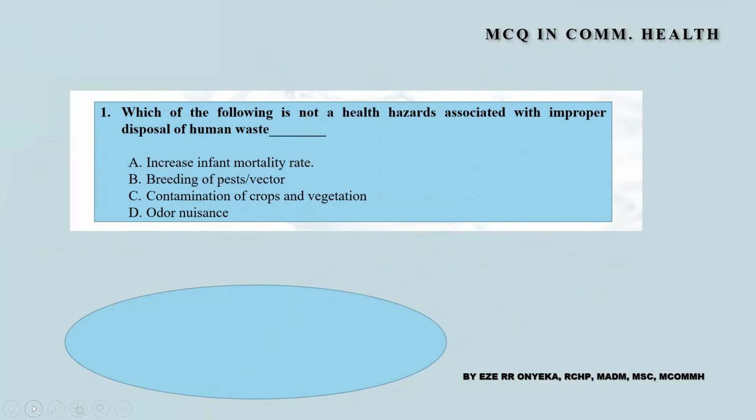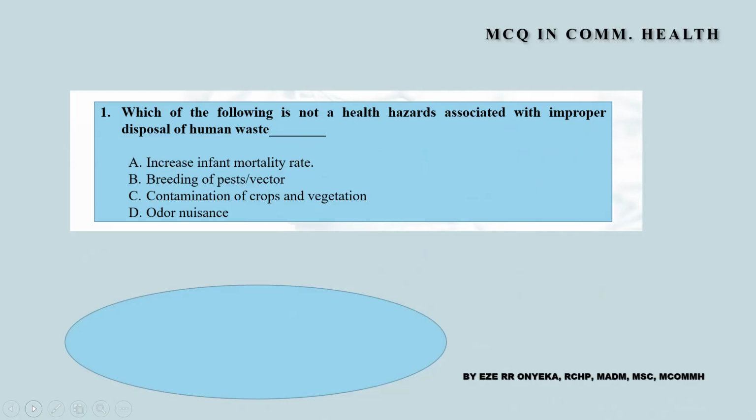Which of the following is not a health hazard associated with improper disposal of human waste? A, increased infant mortality rate. B, breeding of pests and vectors. C, contamination of crops and vegetation.